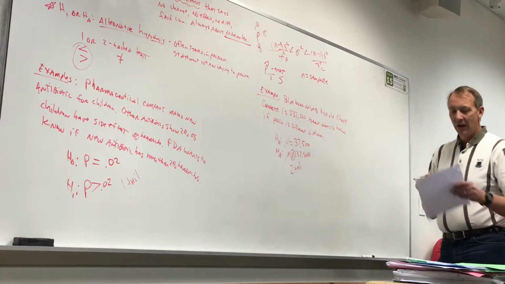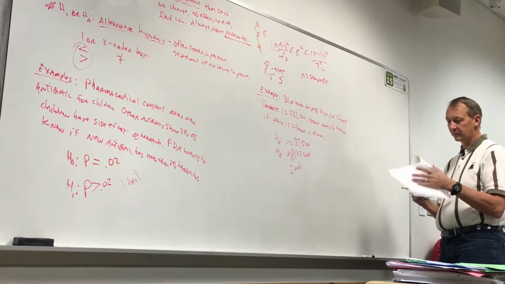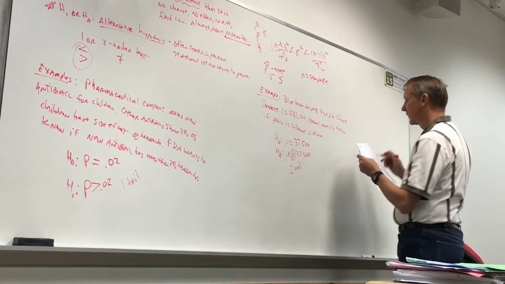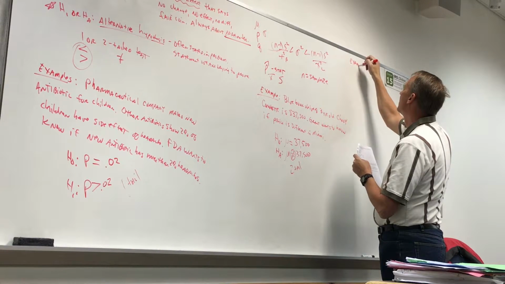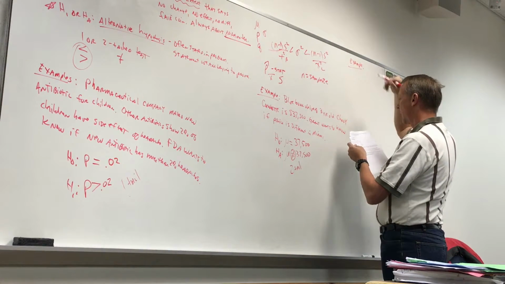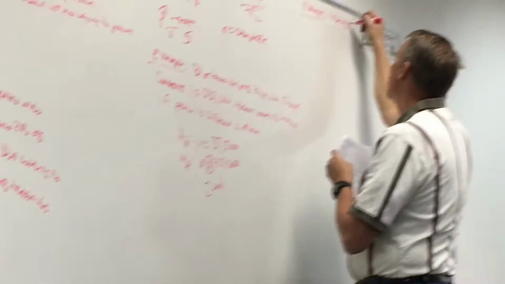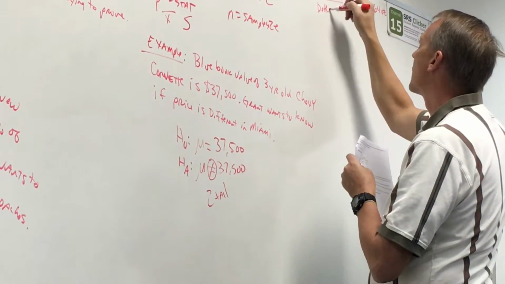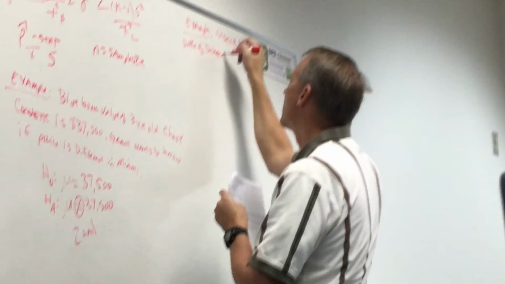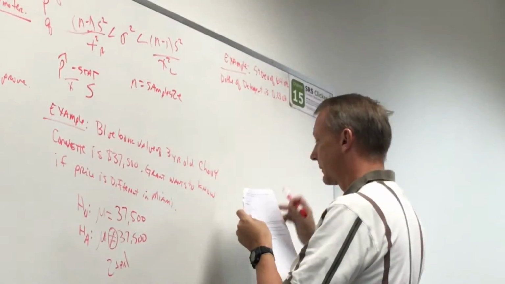All right. How about another alternative here. The standard deviation of a 64-ounce bottle of detergent is 0.23 ounces.